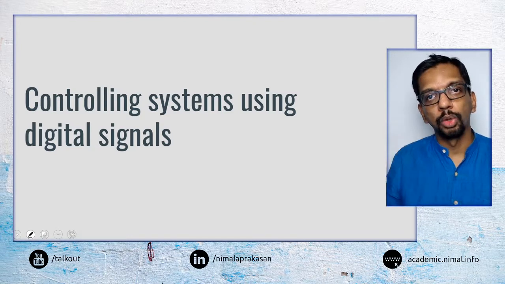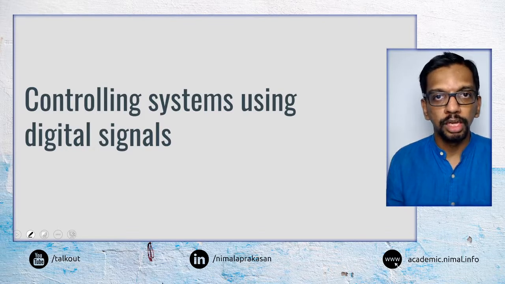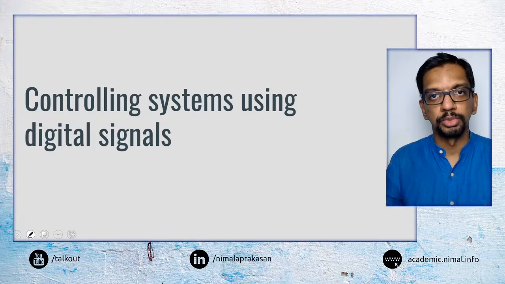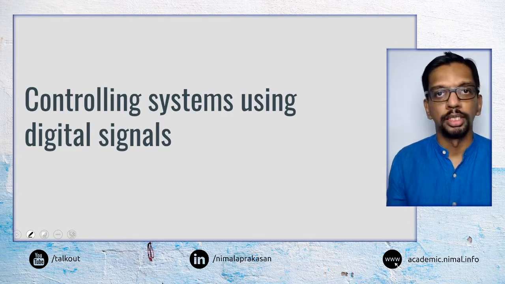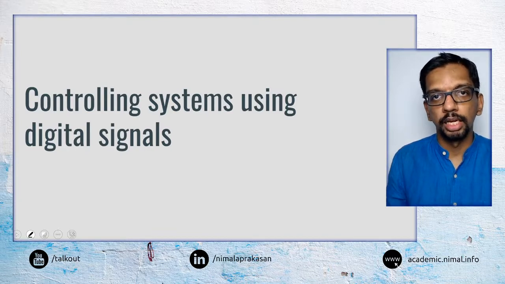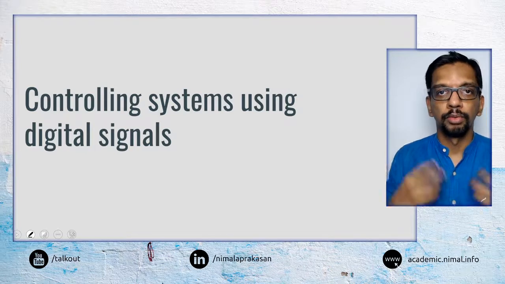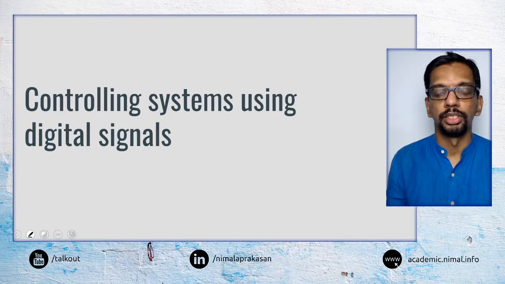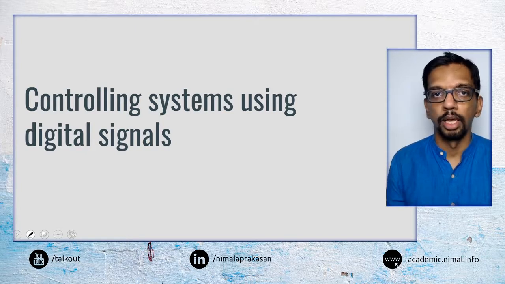From that we can go to a larger extent to, say, a vehicle or an aeroplane. The systems that are there to control those things are also considered digital control systems. So from a simple system like a television to a very complex system like an aeroplane, all of them will have some element of digital control. That is what we are focusing on in this module.